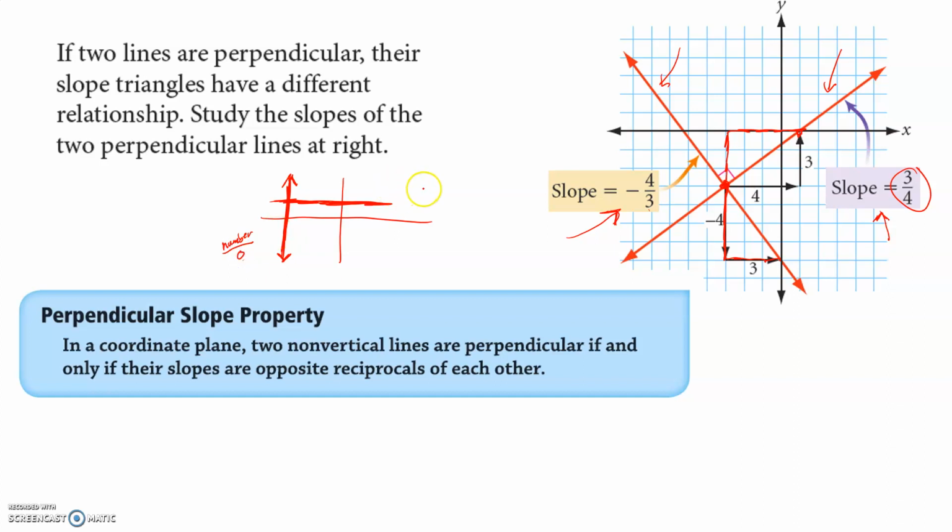Take number over 0 and flip it to be 0 over a number. So that means you go up and down 0 to get from a point here and a point here to a point there on a horizontal line. So I go up and down 0 and then over some number. So undefined and 0 slopes also indicate that the lines are perpendicular to each other, vertical lines and horizontal lines.